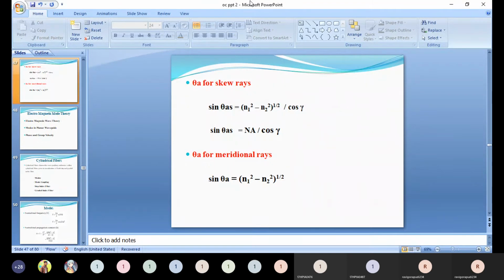I am indicating that it is a step index fiber. Write, all of you.